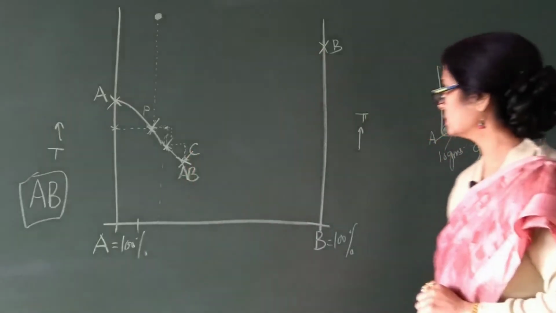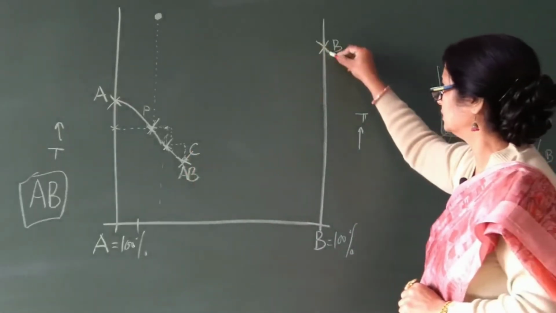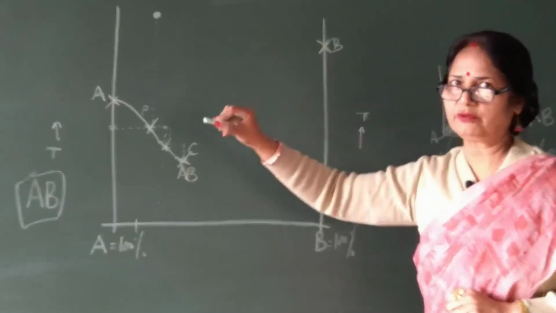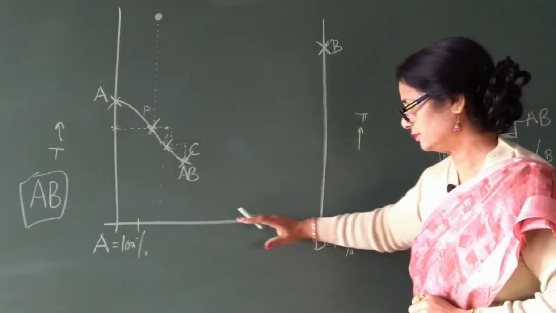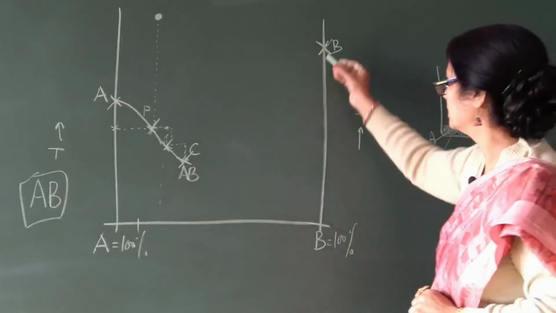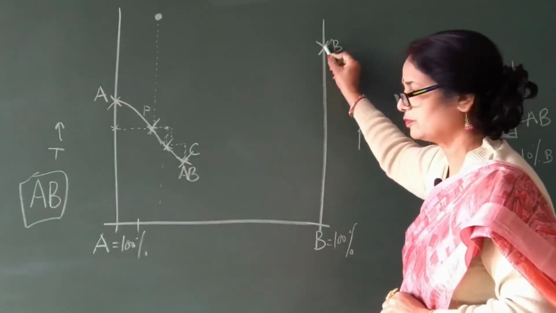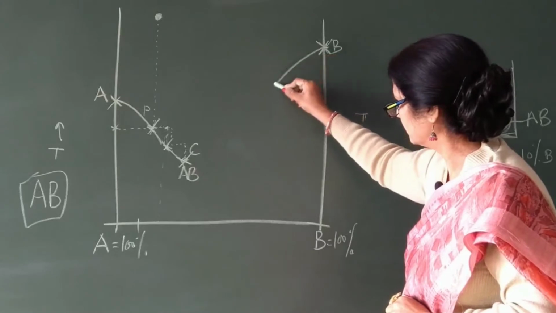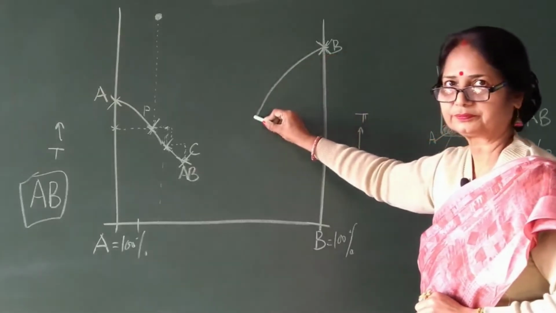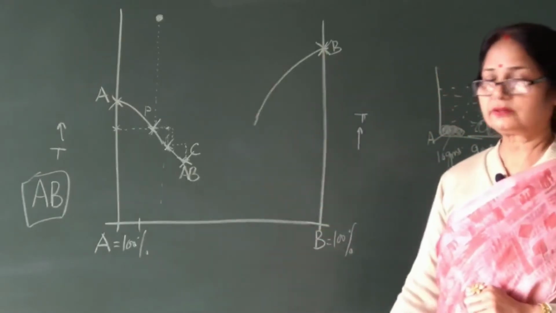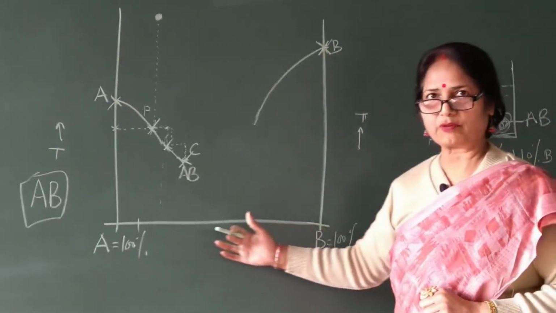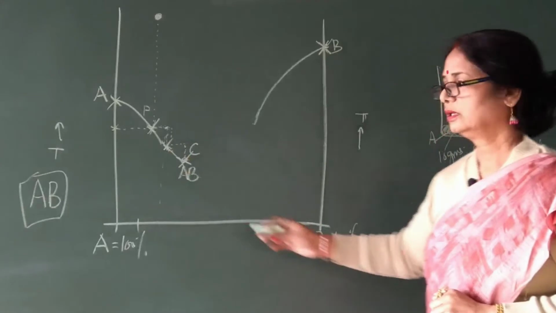Now just consider, suppose this is the freezing point of pure component B, and we add varying proportions of A. Similarly, the freezing point of this will also decline, and with the addition of more and more of A in a similar way.